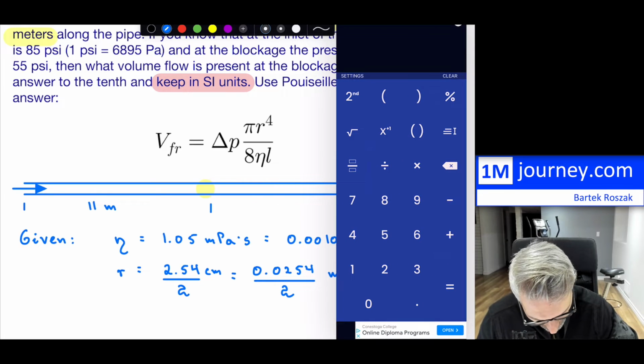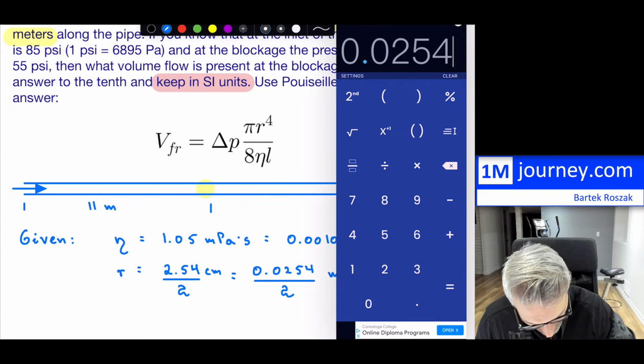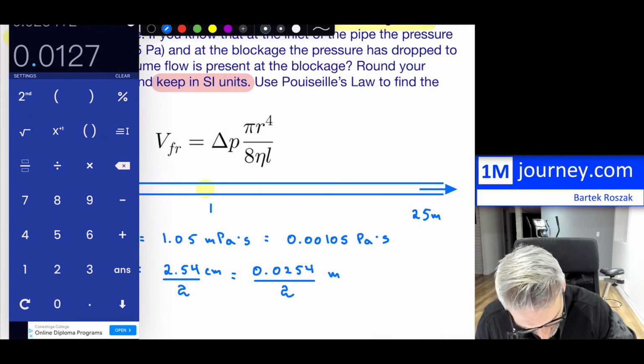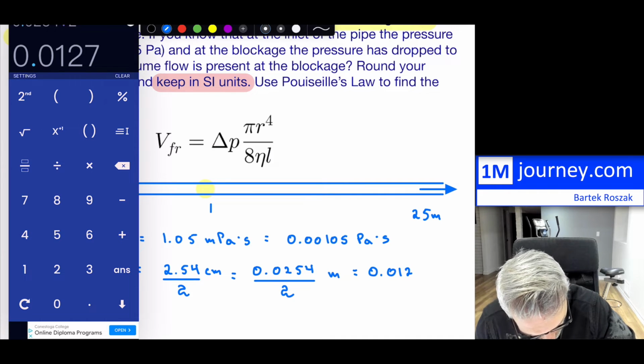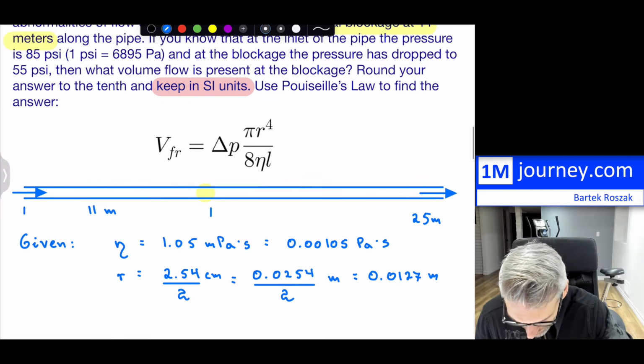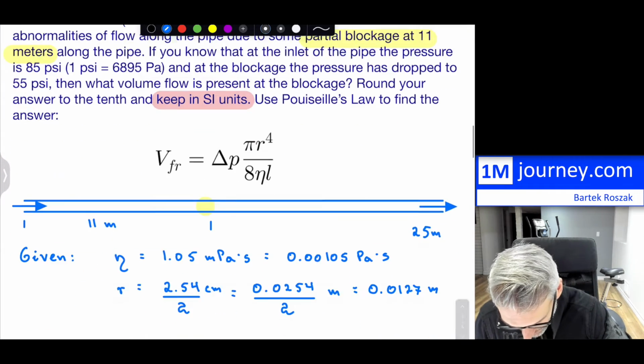So let me just plug it into the calculator, just so that I don't have to carry that 2, at least for the moment. You can if you want. So this one nicely works out. So we have 0.0127 meters for our radius. So that's so far those 2 pieces of given information.